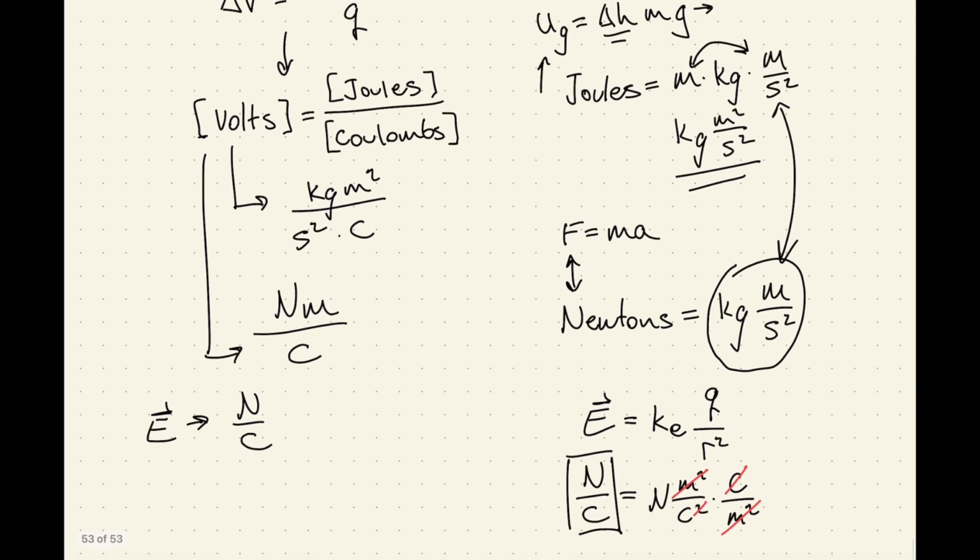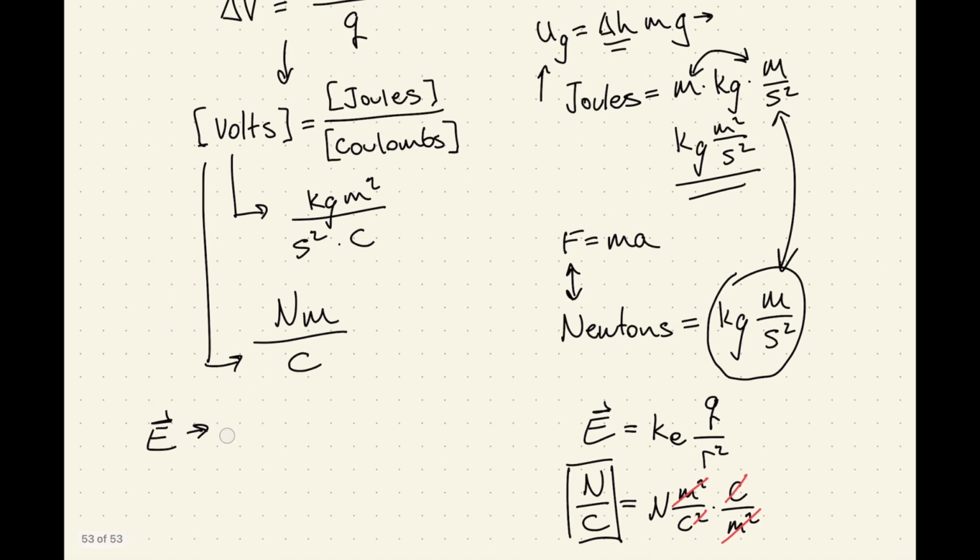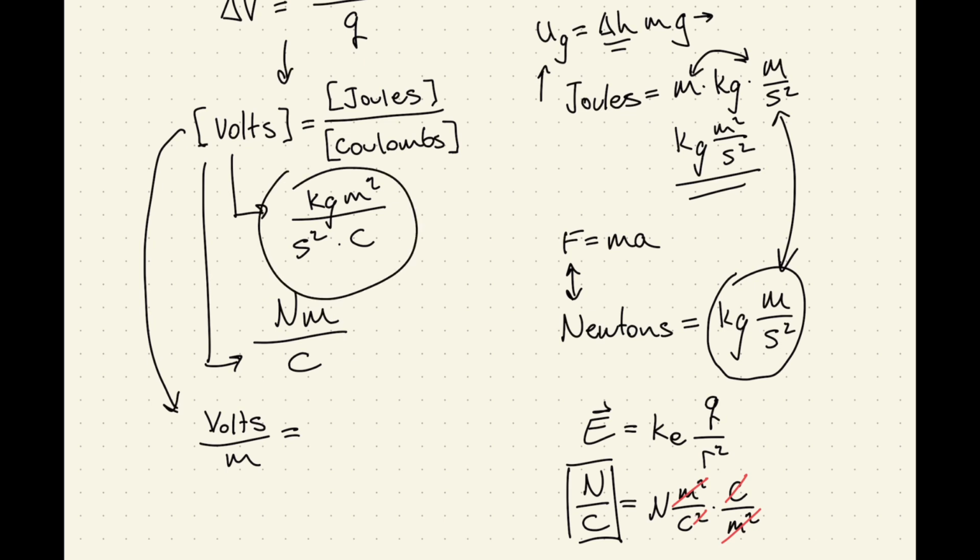So if you take volts and you do volts per meter, you can rewrite volts in this unit or in this unit, but I'm going to just rewrite it in this unit down here to show you how the meters cancel.